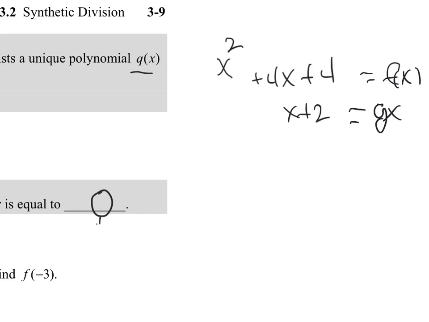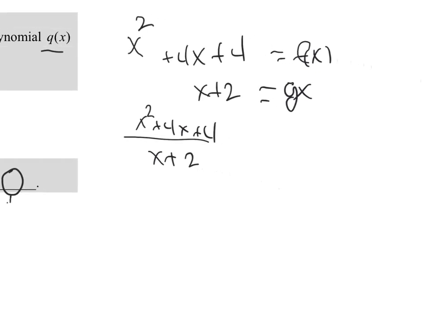So what I really have now is x squared plus 4x plus 4 divided by x plus 2. There's my polynomial. There's my x minus k. Minus k, so I have to take the opposite. My k must be a negative 2. So long division would look like this: x squared plus 4x plus 4 divided by x plus 2.